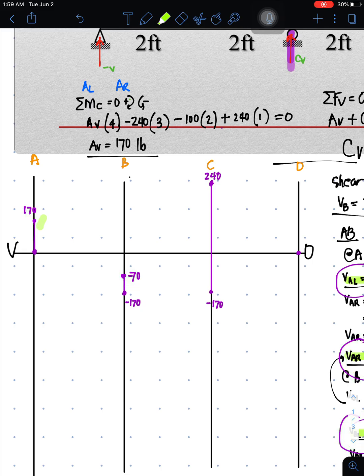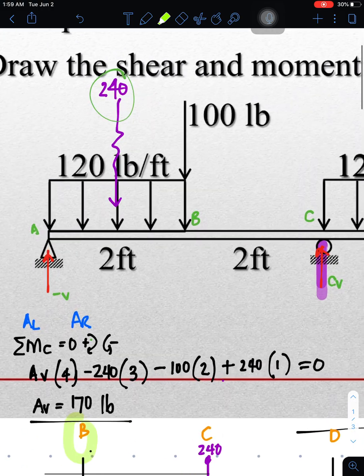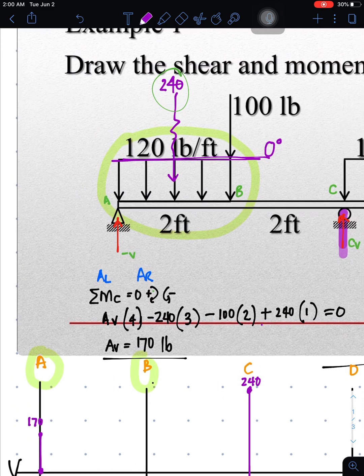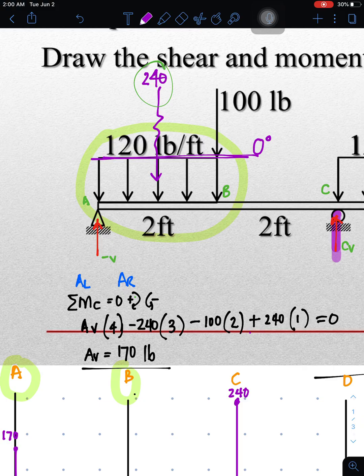So what we will do now is connect them. How do we connect the two points? We base it on the diagram, the loading between A to B. According to the loading, its slope is horizontal, meaning it is at 0 degree. So our shear diagram is first degree, since it is an increment of 1, so plus 1.